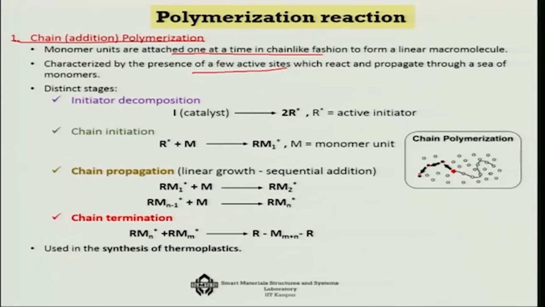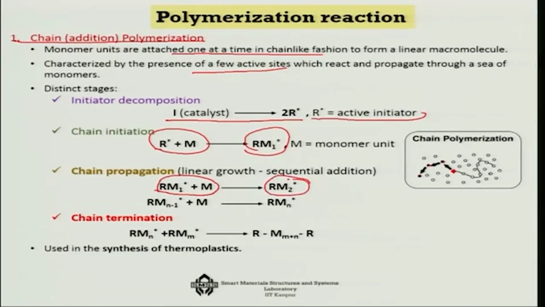In fact, this will come as a catalyst is getting broken, then it decomposes, then the active initiator R* will come. The moment this R* reacts with a monomer, you get the first active unit, that is RM1*. Then as the chain propagates, this RM1* will react with another monomer to get RM2*. Then that process will continue, like one RM(n-1)* will give you an RMn*.